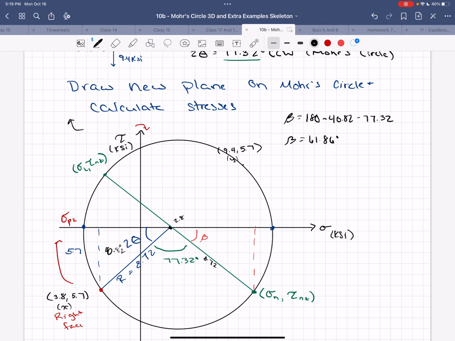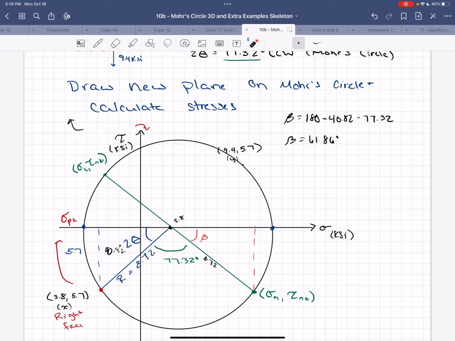Okay, then we know this is R, so this is 8.72, and we know beta, so we can say, I did this a weird way. Oh no, I didn't, it's good. Because to calculate what this is, we're not starting at 0. The center of the circle is not at 0.